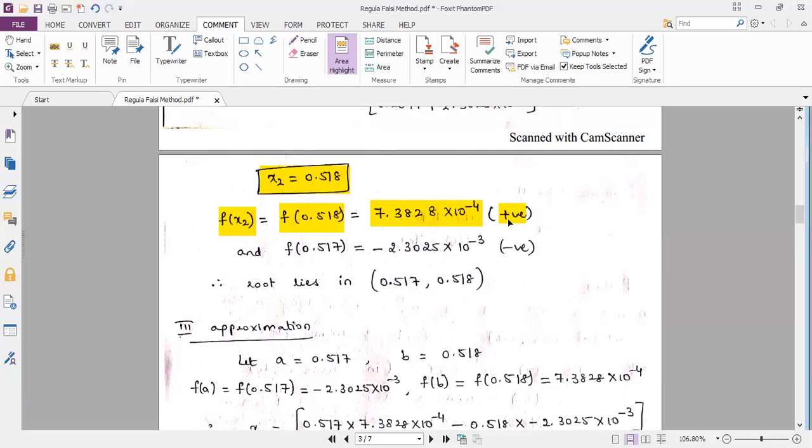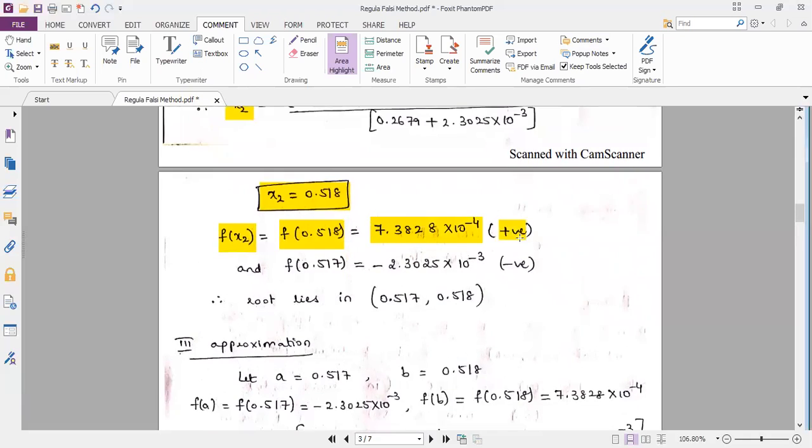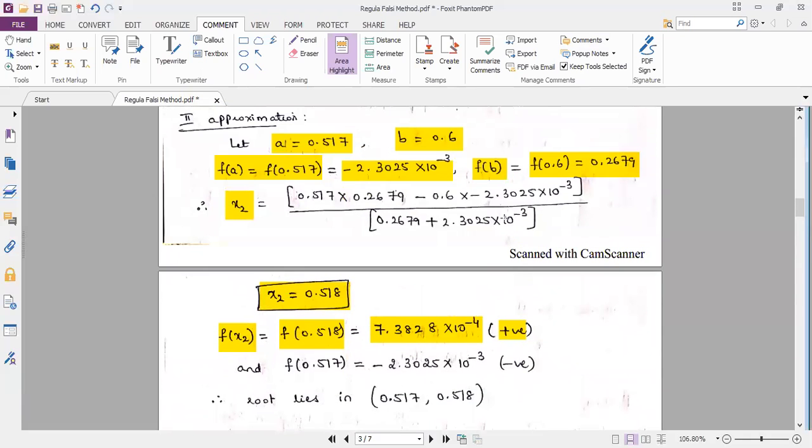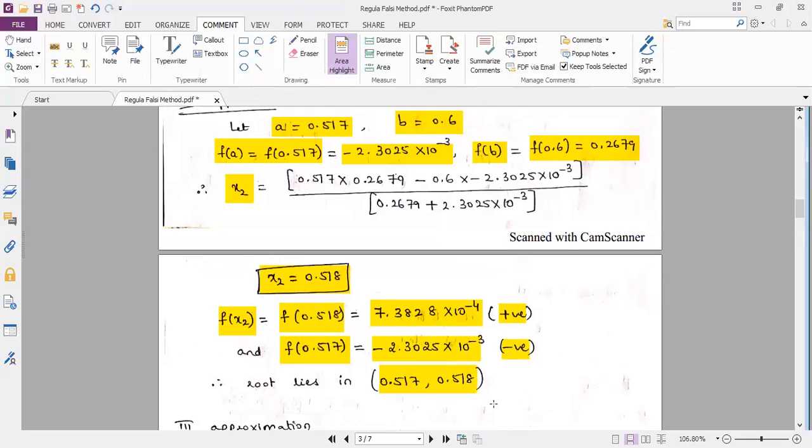Now, along with this positive, we'll take a negative value in the approximation of f. So f of 0.517, we have a negative answer, minus 2.3025 into 10 power minus 3. So we consider f of 0.517, which is a negative value, to conclude that the root lies between 0.517 and 0.518.